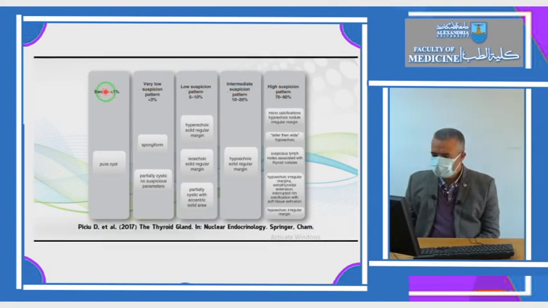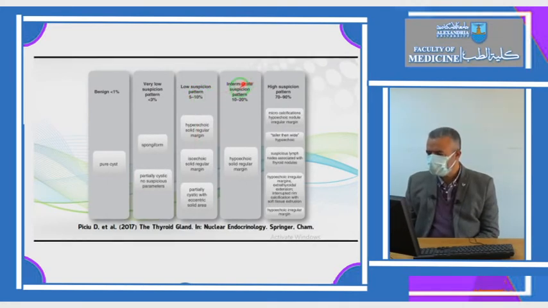Benign presentations, which is the pure cyst, have a less than 1% chance of malignancy. The very low, which is the spongy form, has less than 3% chance of malignancy. The low suspicion, which is the hyperechoic or the isoechoic, has only a 5 to 10% chance of malignancy.